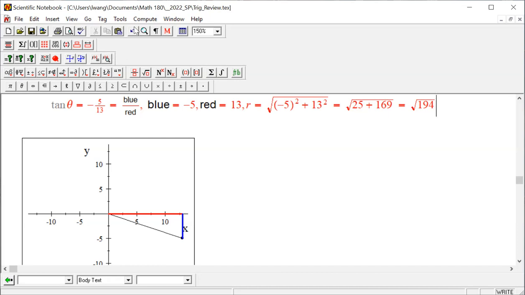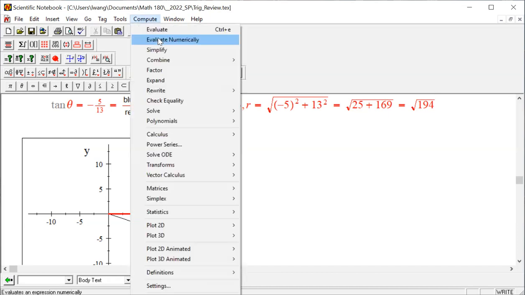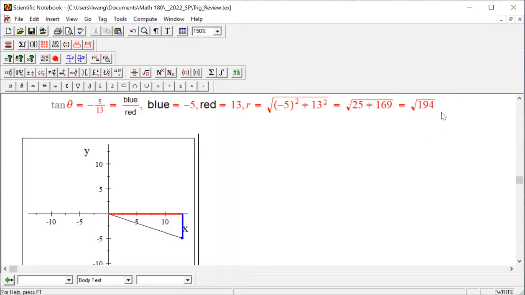If you want to simplify it, you can see if it is divisible by 4. Why divisible by 4? Because √4 is 2, you can bring it out. Just quickly, I think it doesn't simplify. So R is √194.